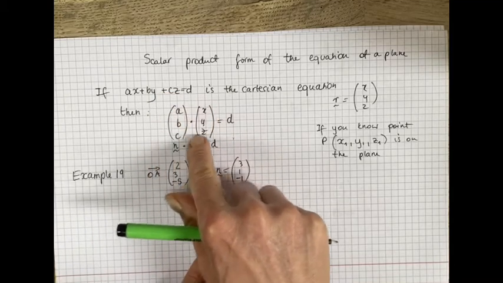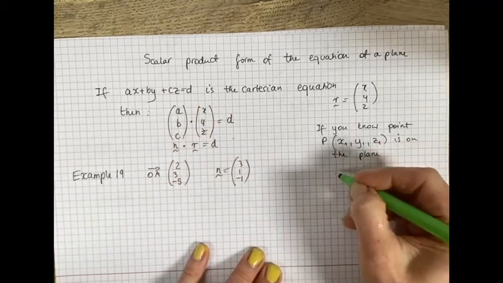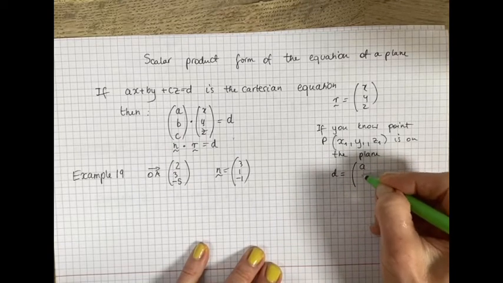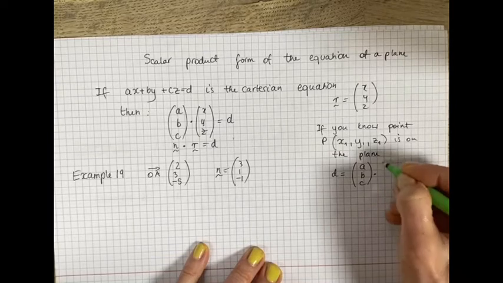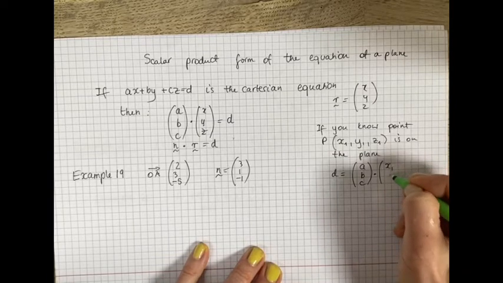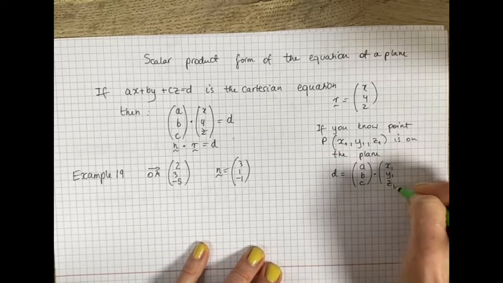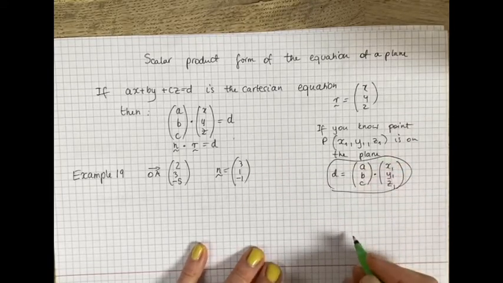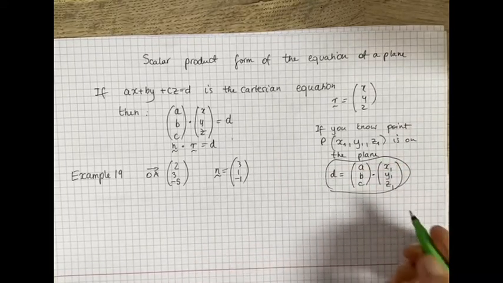So you would find d to be a, b, c dotted together with x1, y1, z1. So that is very important, but obviously you can just substitute it.